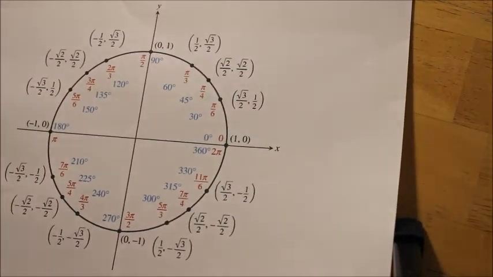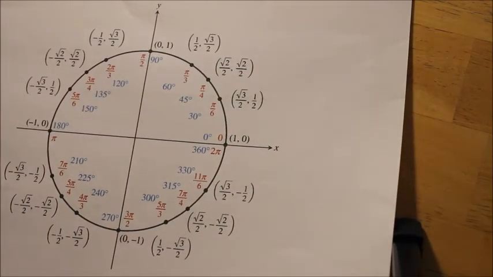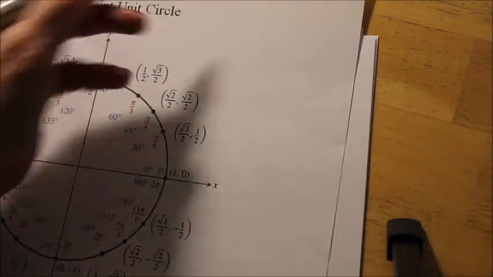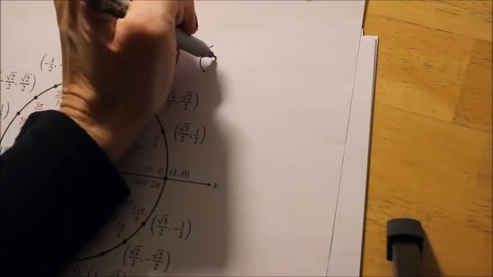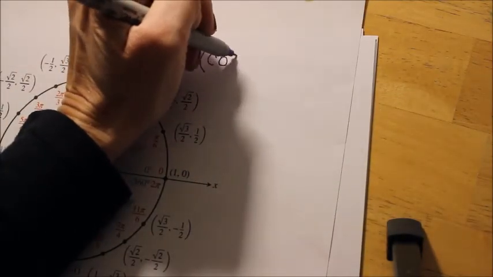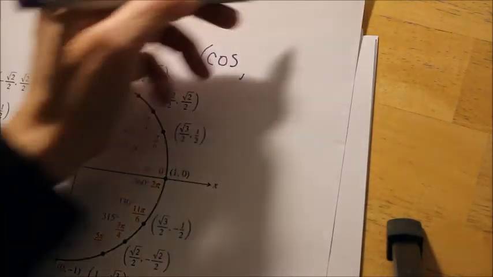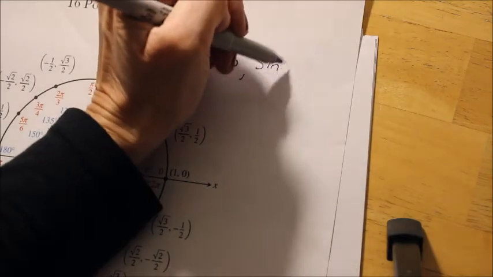Now what I want you to write on your unit circle is the fact that each of these coordinates has the x is what we call the cosine, and the y is the sine.